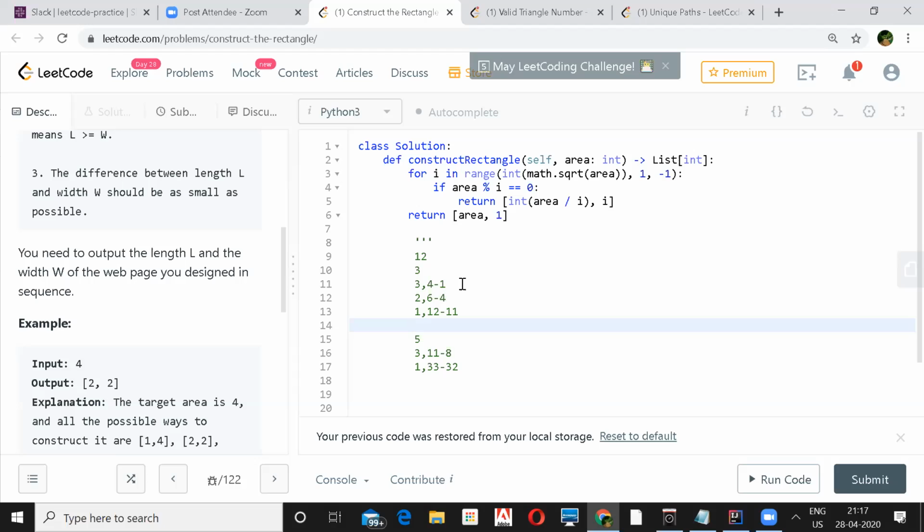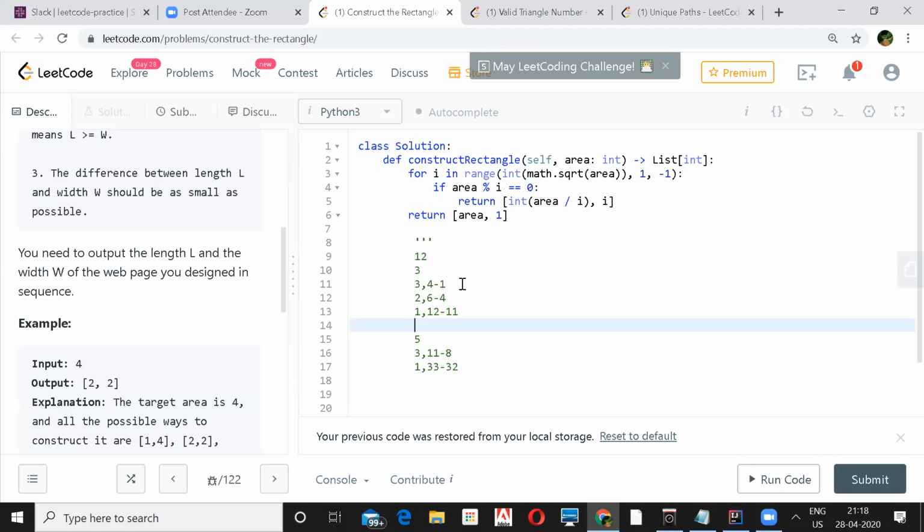One thing I am also thinking: if we want to find an area, then the area has to be a product of some factors, right? So in this question, in order to find the minimum difference, we need to find the last two factors. If we choose the area number itself, the other number we can find is only 1, so the difference will be maximum.